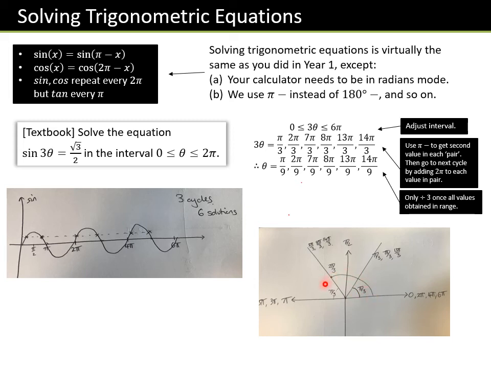If I travel all the way around there, I can see that that must be 7 pi over 3 to get me back there. And then 8 pi over 3 gets me here, travel around back here again, and this will take me to 13 pi over 3 and then 14 pi over 3. I can do that by going around that CAST circle.